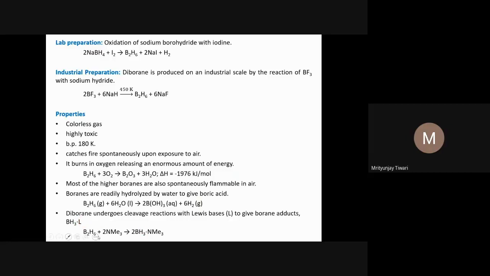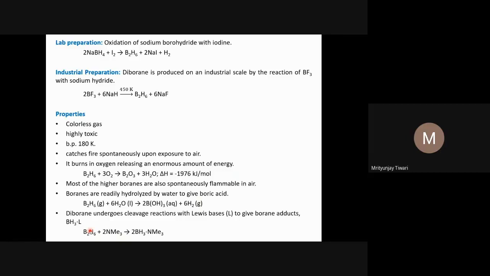The example we can see here is B2H6 plus 2NMe3. This is a Lewis base that we know. This is an amine, a tertiary amine, this NMe3, and we need two molecules of this tertiary amine to form an adduct with two BH3 molecules, because B2H6 is nothing but a dimer of BH3.